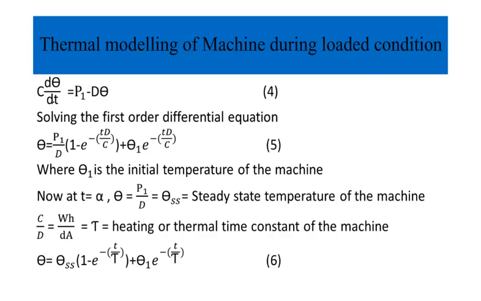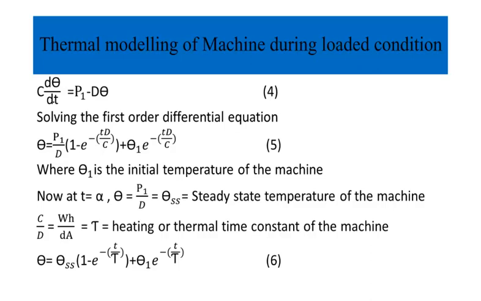Now at t is equal to infinity, theta is equal to P1 by D. That means if the load is connected to the machine for infinite duration, then a constant or steady state temperature of the machine will be reached. That is also known as the equilibrium state of the machine. In that state, heat developed by the machine is equal to heat dissipated to the surroundings.